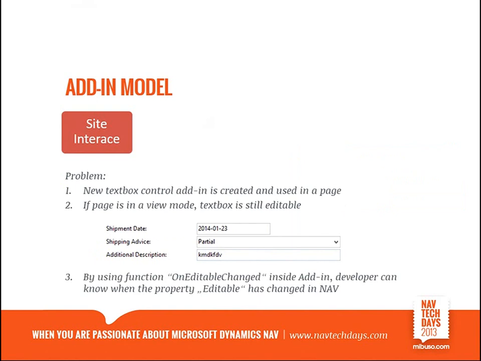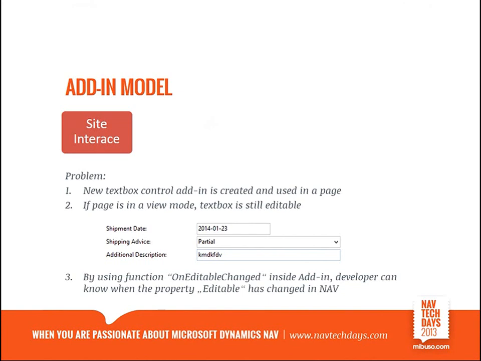You can take a very simple example. How can you use it? For example, we have a text box control add-in, and it's created and used in a page. Then imagine if the page is in view mode, the text box still will be editable.